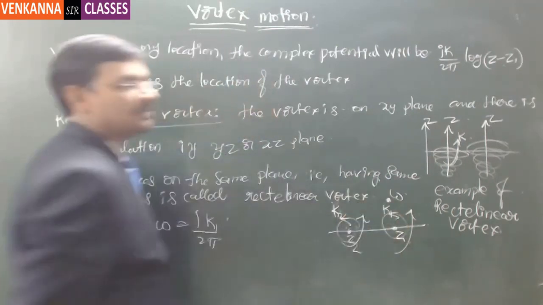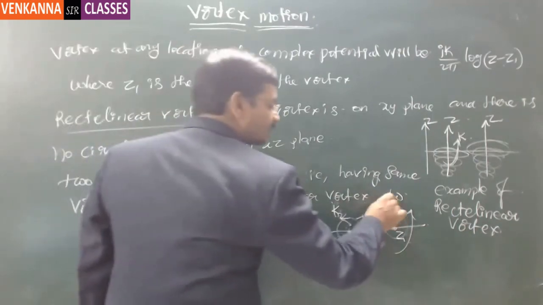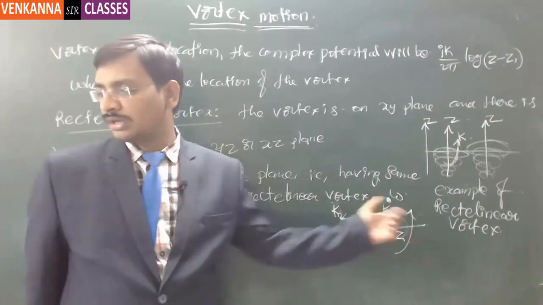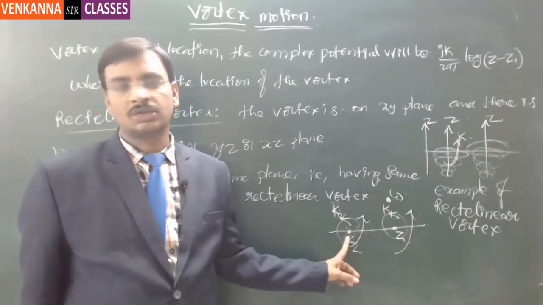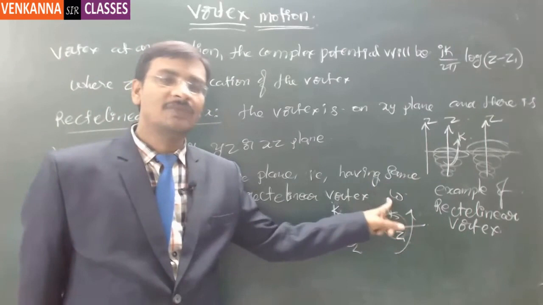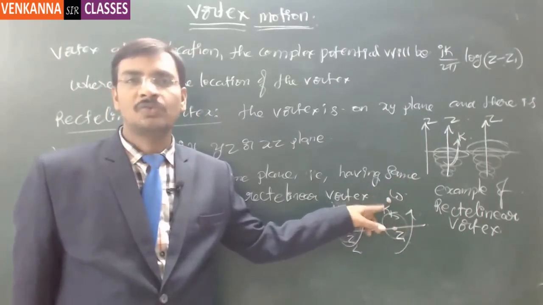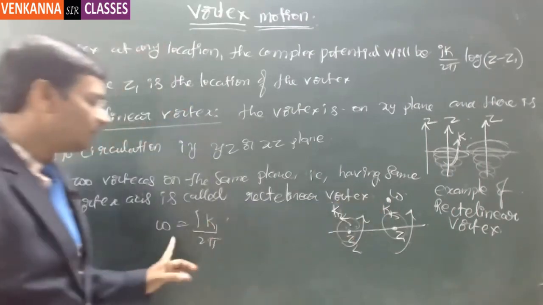This is the strength of the vortex K1 and this is the strength K2. The fluid particle at this point is getting influenced by both vortices because these two are rotating. This one is located at z1 with strength K1 and this at z2 with strength K2. Together they will influence this one. The complex potential at that point will decide how the fluid particle has to move.